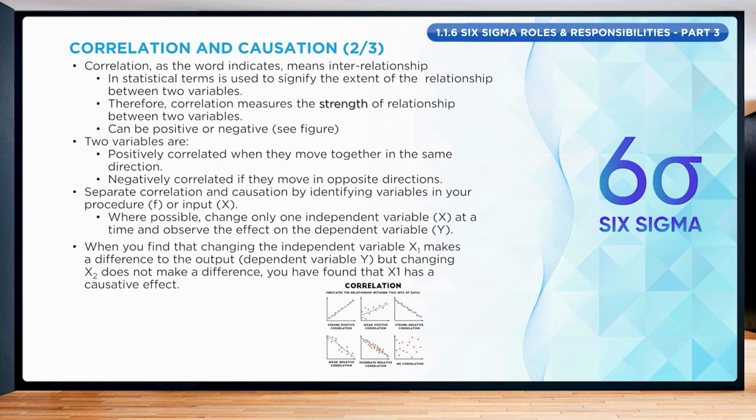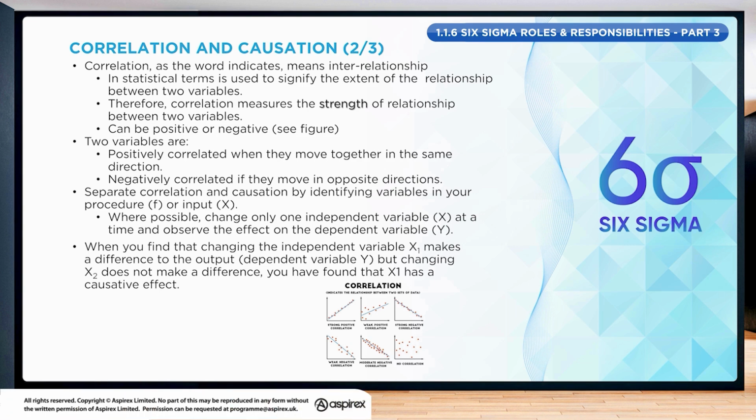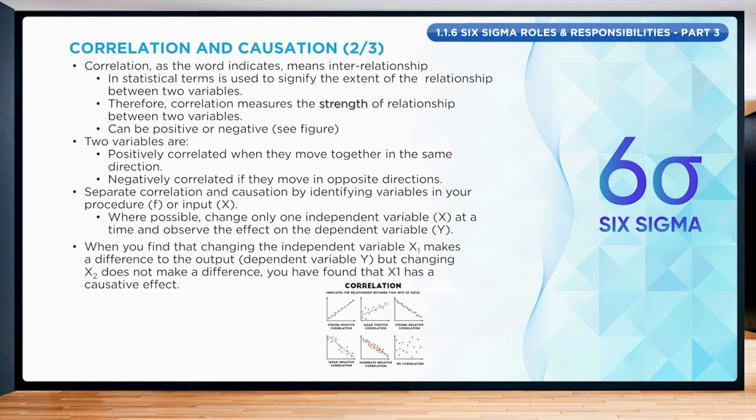Now, speaking about correlation, we see on the graphs that typically we have a straight line indicating correlation, and you have data points or plots that are closer or further away from that line, which is known as the line of best fit in statistics.